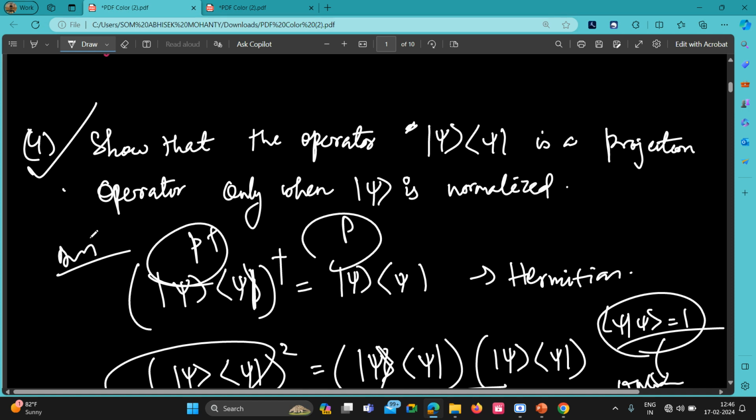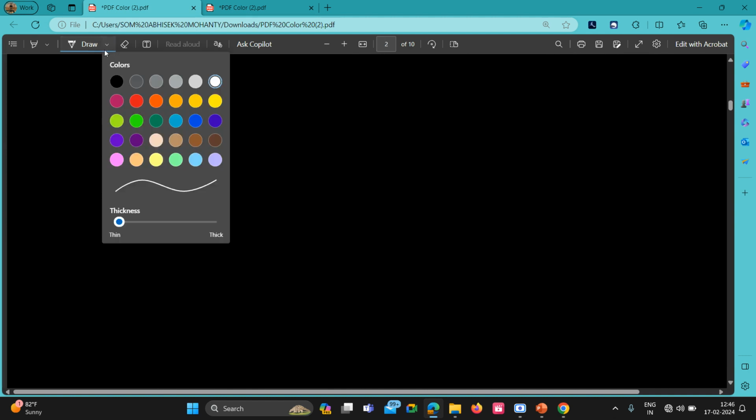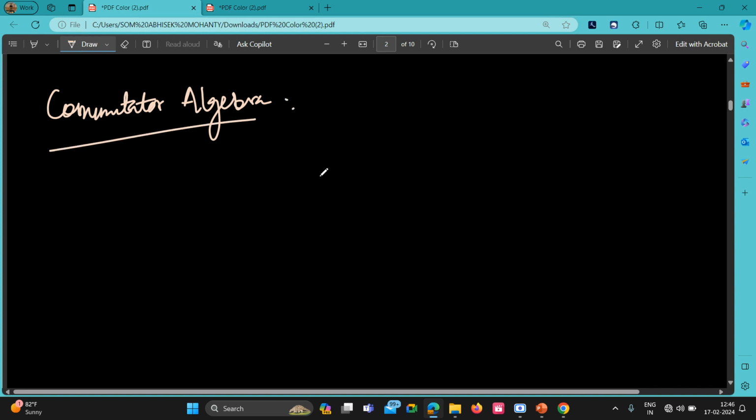Okay, let's write some properties of commutator algebra. I'll just start a bit, and next session we'll be discussing that. The commutator of two operators A, B is written as AB minus BA.